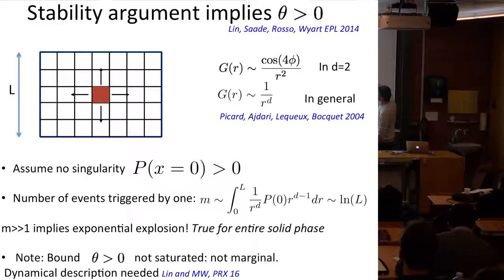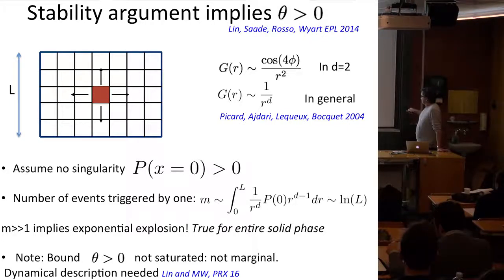The probability to trigger something over there will be proportional to the amplitude of the kick there, which I told you goes like 1 over r to the d, and to the distribution of shear transformations that are about to collapse, close to 0, p naught. I'm assuming that there is no pseudo gap, that this quantity is not vanishing. And then you just look at it and you see that it goes like the log of the system size.